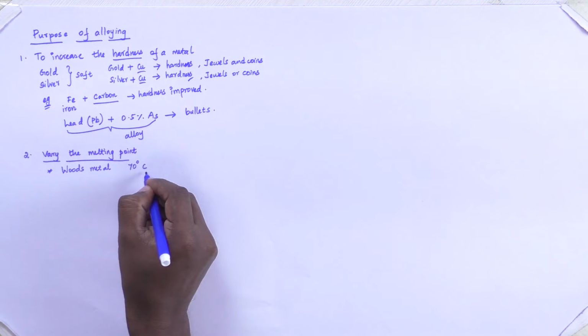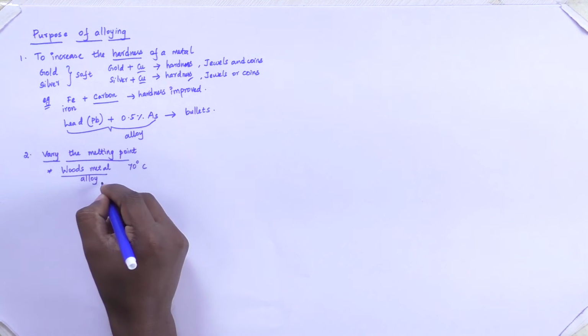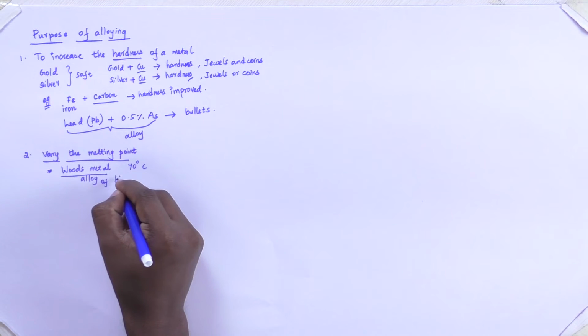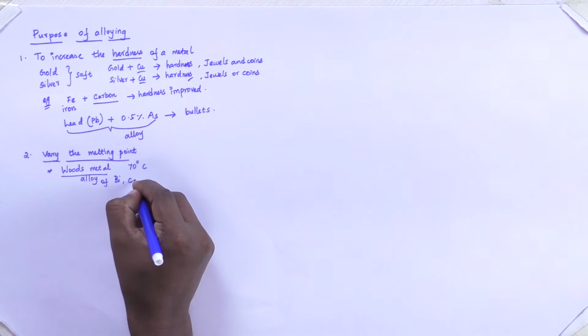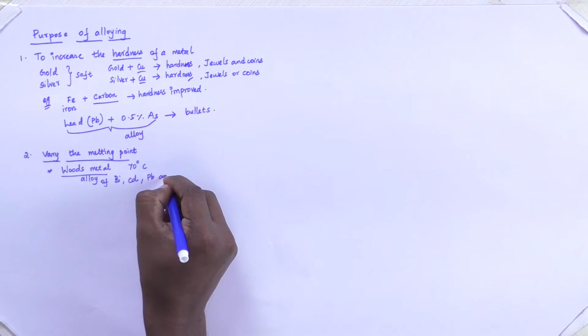This wood's metal is an alloy of bismuth, cadmium, lead and tin.